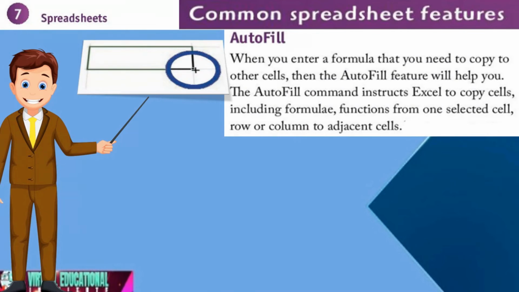Take for example, if we have a formula in this cell and we want to copy it to other cells, we simply move to the bottom right hand corner of that active cell where our cursor turns to this plus right here, and you will click and drag it all the way down or across to the cell where you wish to stop.